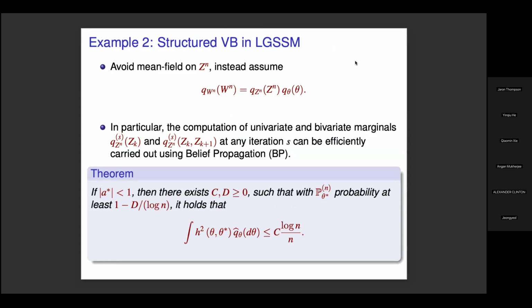If you assume a joint distribution, you have to use forward-backward filtering to do so. So you have to pay a price in terms of computation, but statistically, you will get the optimal risk for the variational estimate. So you include a little bit of dependence in the latent variables, and that would result in the right behavior of the variational distribution.